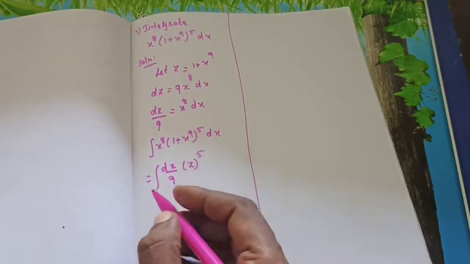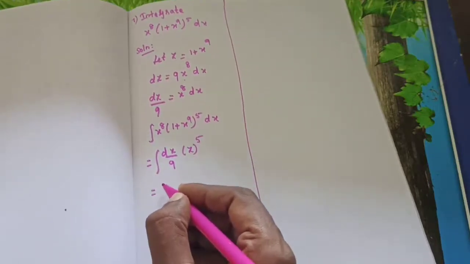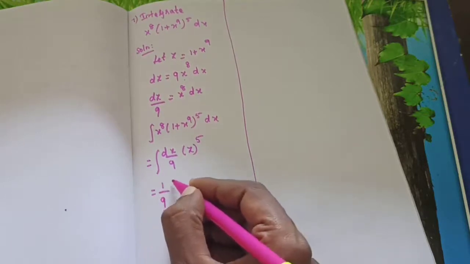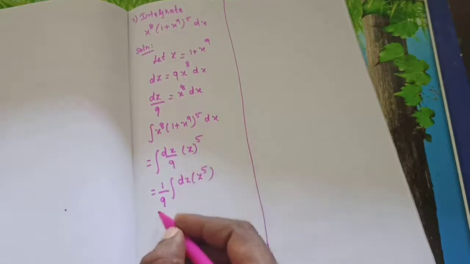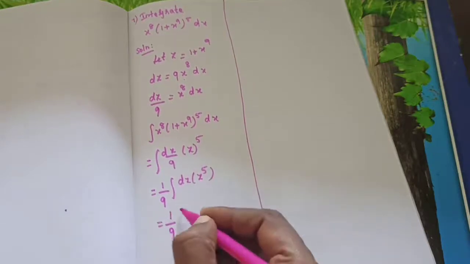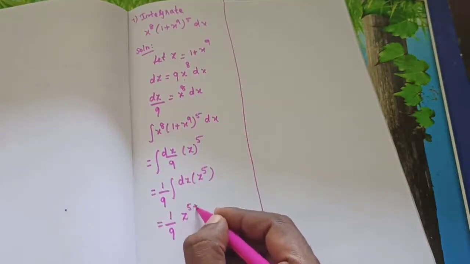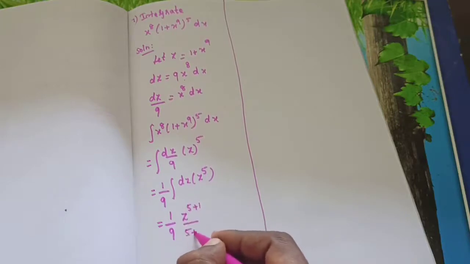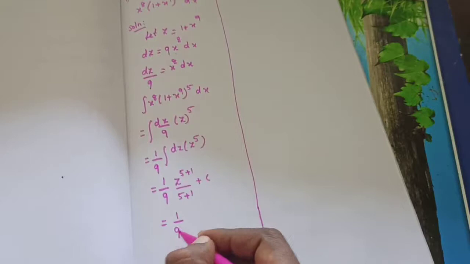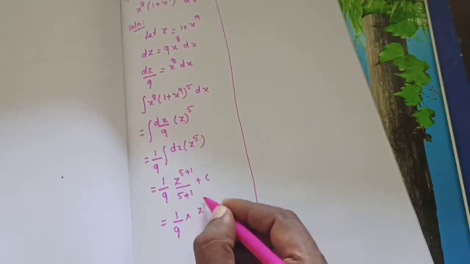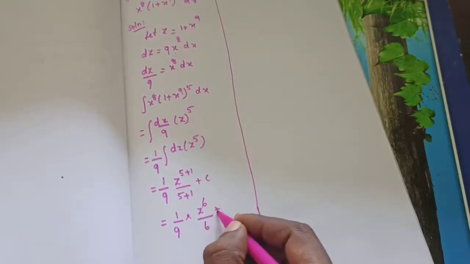So that's equal to, shall we take the 1 by 9 outside? It's a constant. So dz into z power 5. Now you can integrate. 1 by 9 into z power 5 means z power (5 plus 1) divided by (5 plus 1) plus c. That's equal to 1 by 9 into z power 6 divided by 6 plus c.